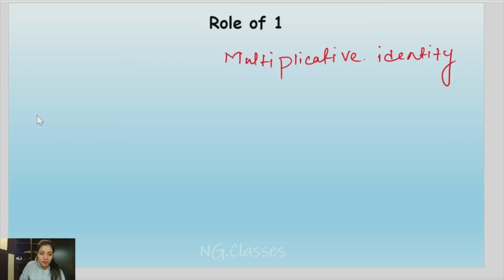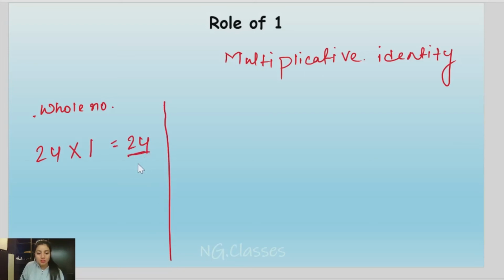So suppose for a whole number, I am taking one whole number as 24, and if I multiply 1 with it, we will get 24 only. So the identity is not changing, but here it's the multiplicative identity.